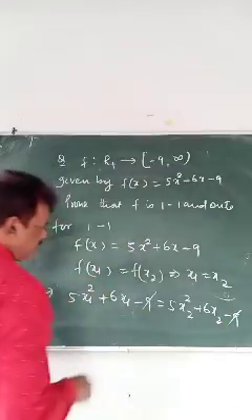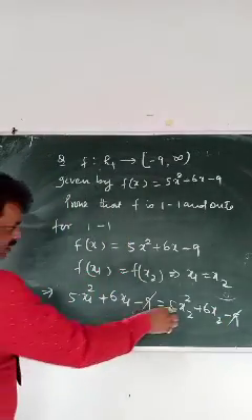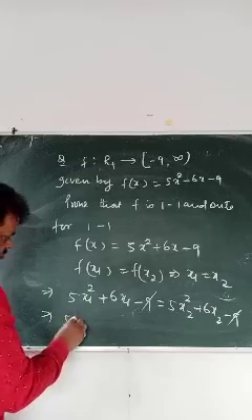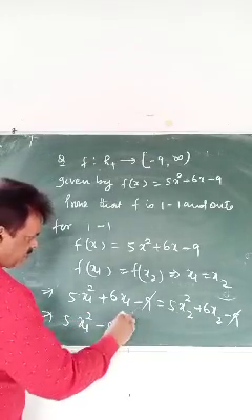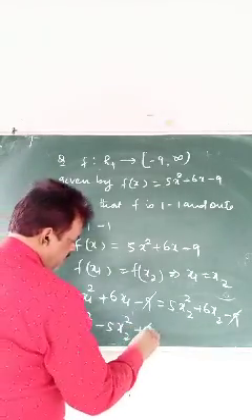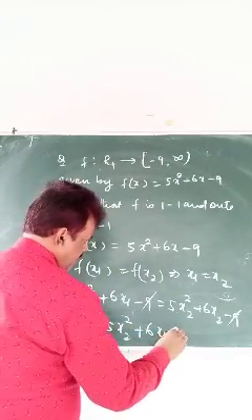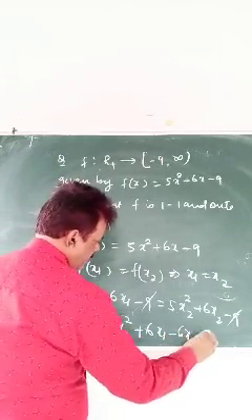This gets cancelled. Then what you'll do is take 5x1 square minus 5x2 square plus 6x1 minus 6x2 equals 0.